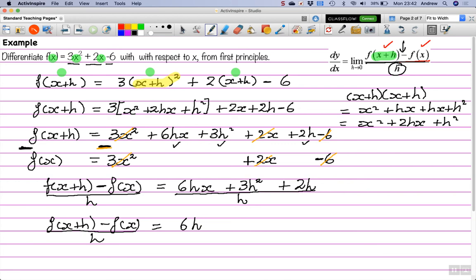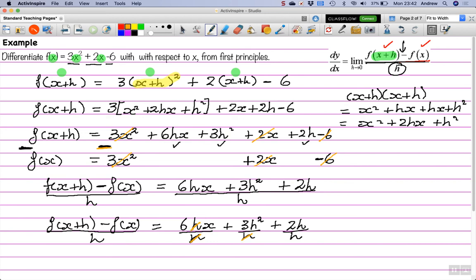fractions, 6hx over h plus 3h squared over h plus 2h over h. When we split it into its partial fractions, what we now notice is that the h on the bottom cancels with the h on the top.